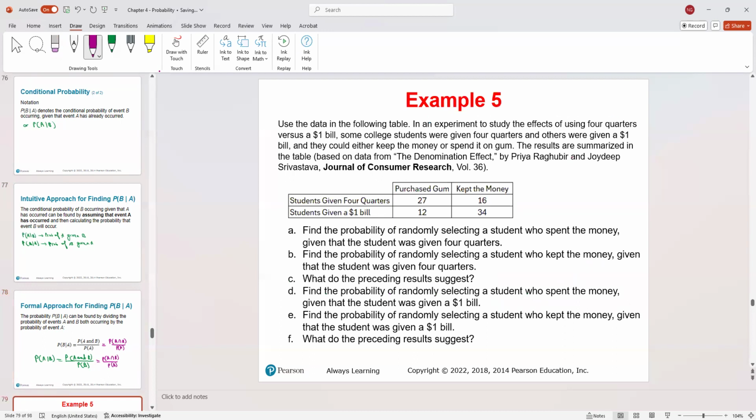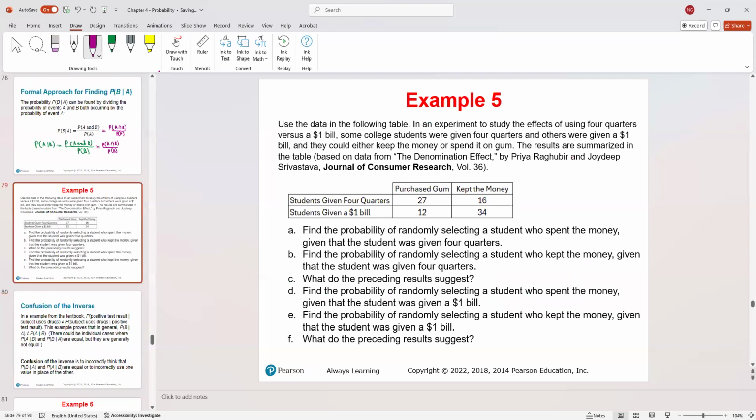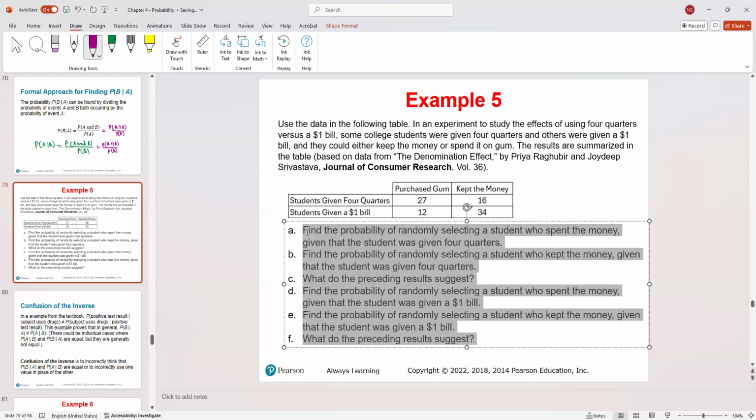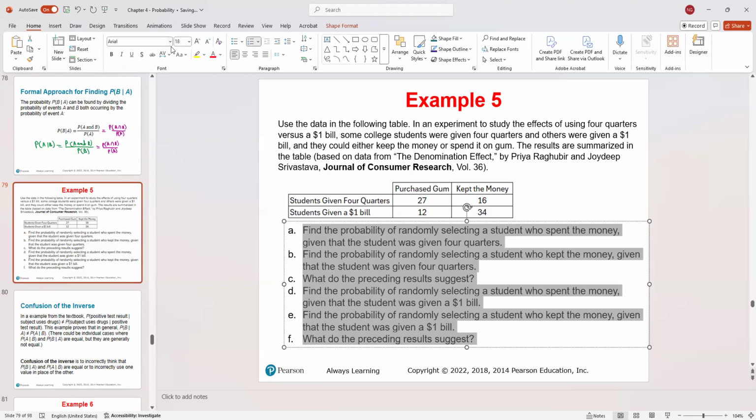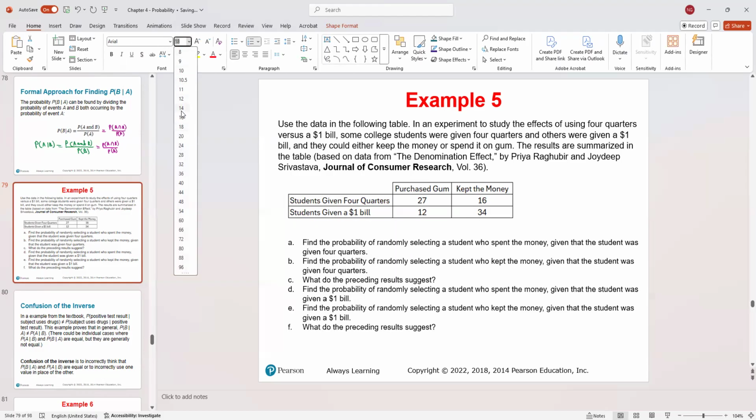Let's go with a few examples very quickly. Remember, in a previous video I told you about tables. We call them contingency tables. I will redo the question so I have enough space for it. Let's do the font at 14.